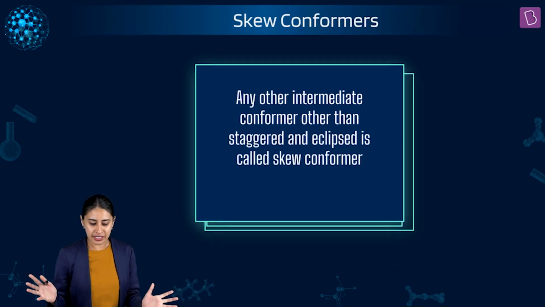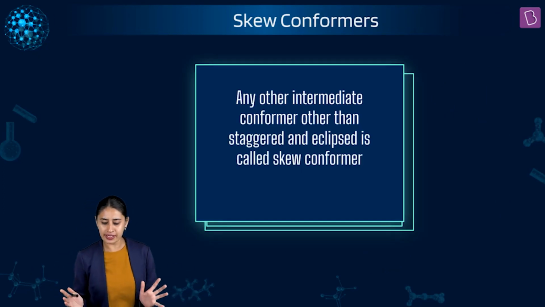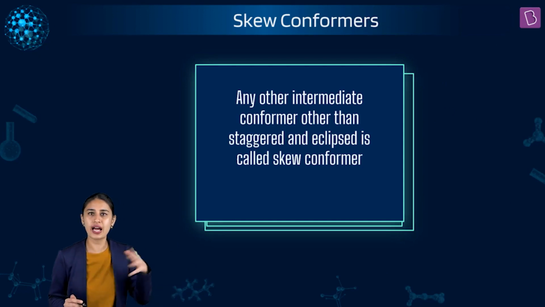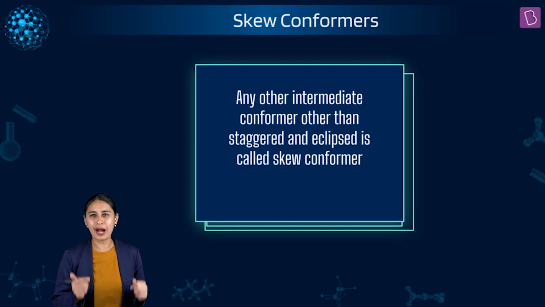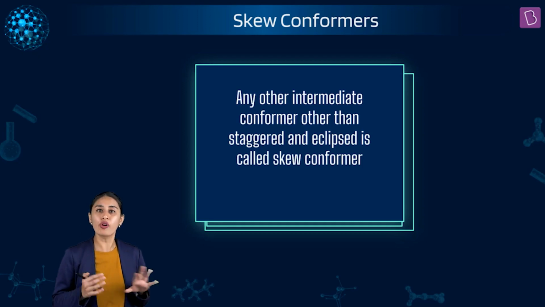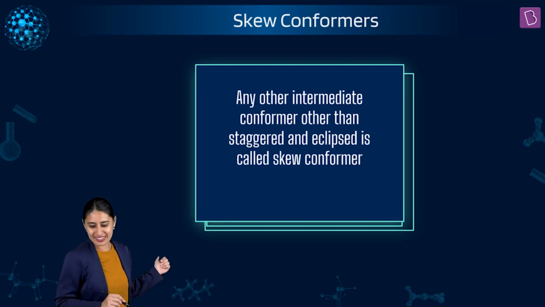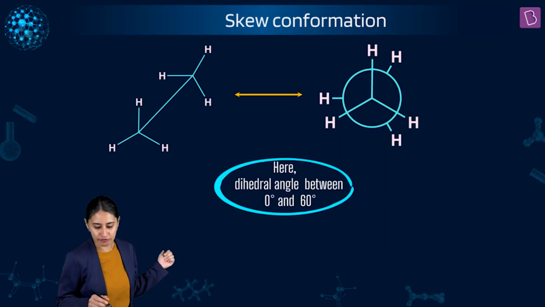So now let's see what skew conformers are. Any other intermediate conformer other than staggered and eclipsed is called a skew conformer. I just told you this. What is not staggered and what is not eclipsed will come under the skew category. And under skew also we will study a few more. So let's now understand the skew conformer.